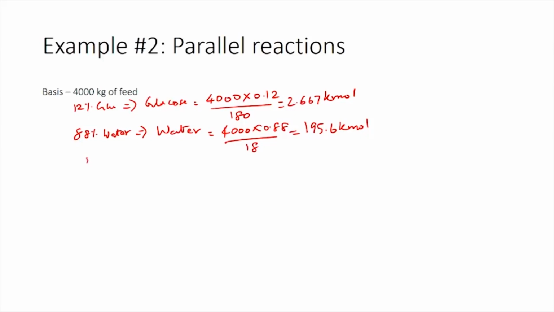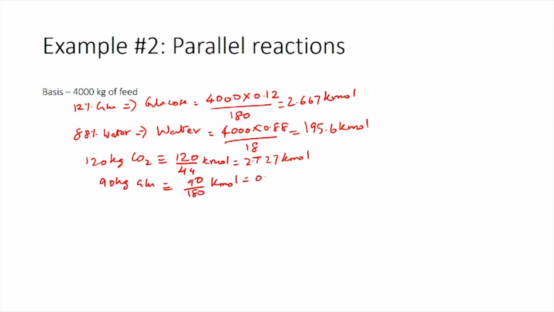So, we convert these masses to moles also. 120 kilograms of carbon dioxide would be 120 divided by 44, the molecular weight of carbon dioxide, which is 2.727 kilomoles, and you have glucose, which is 90 kilograms of glucose, forming 90 divided by 180 kilomoles, which is 0.5 kilomoles of glucose. So, let us now draw the flow chart for the process.